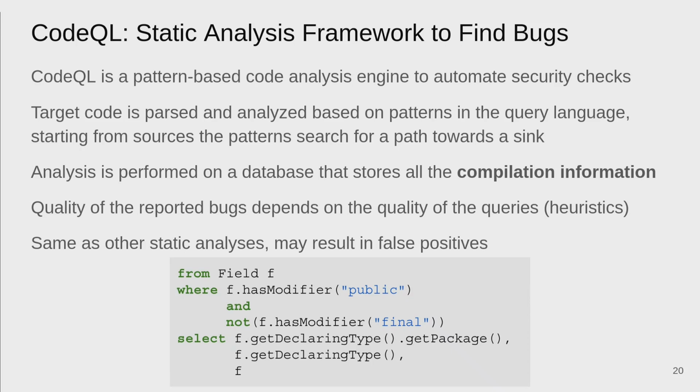And then you as a programmer can define patterns that define how a bug looks, and then CodeQL runs this pattern on the source code that you just compiled and then tells you, hey, I found a violation about this issue. Right? So here, in this analysis that we're showing, the field F that we are looking at is public but not final, and then we select declaring type and whatnot and issue a potential warning.